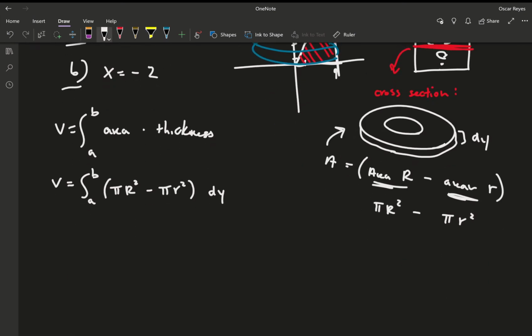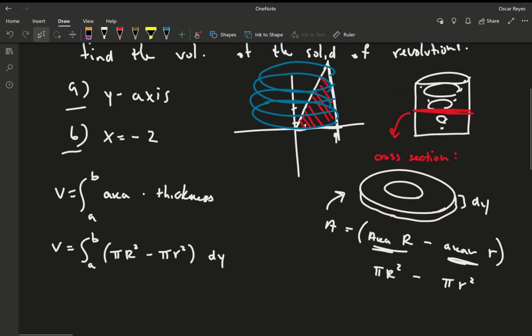Now, we have it in respect to y, but right now we have the variables of big R and little r. So we need to find a way to relate that. Well, as you can see in this diagram, our big radius, which is a circle on the outside, never changes because x equals 9 and it's along this side.